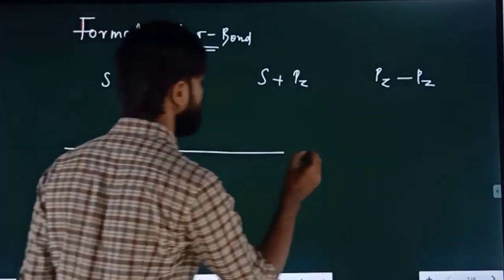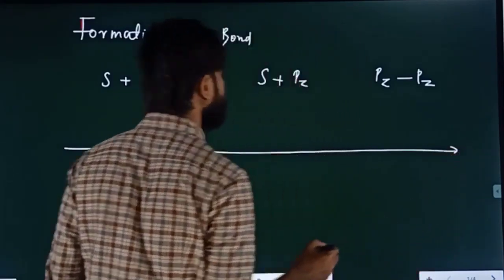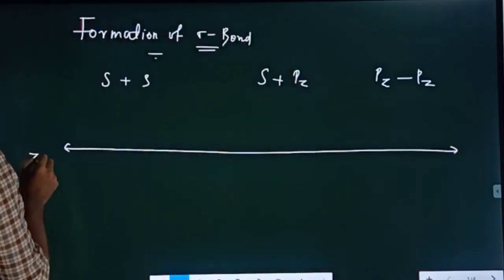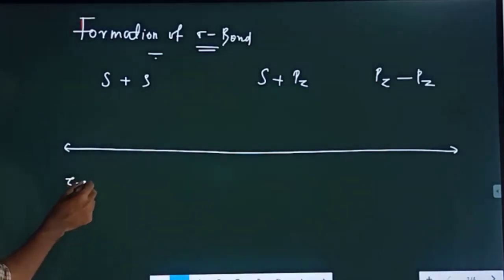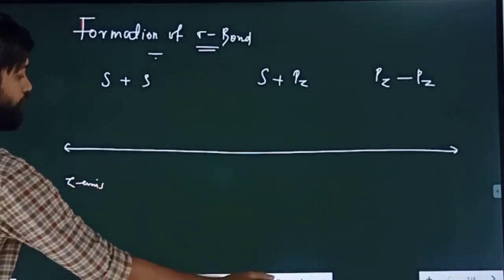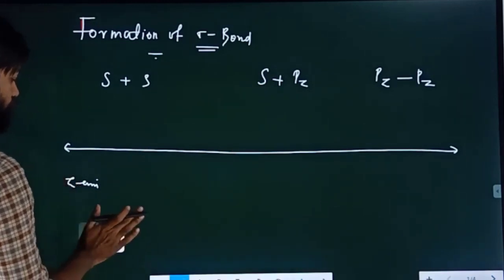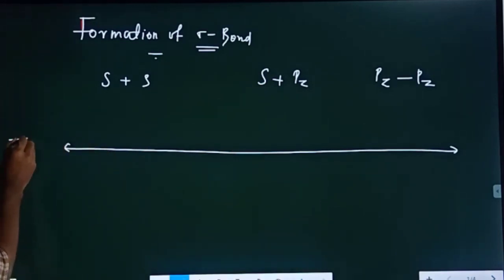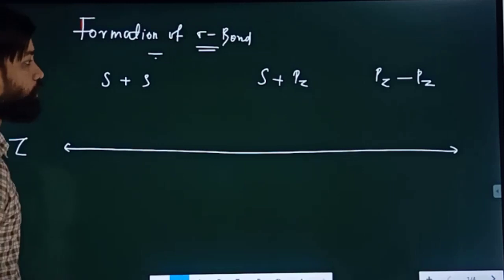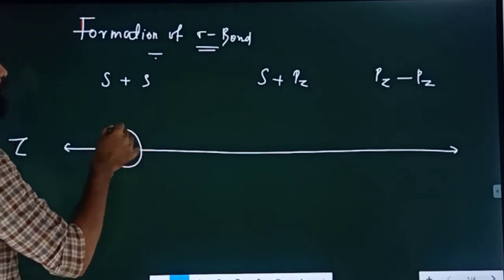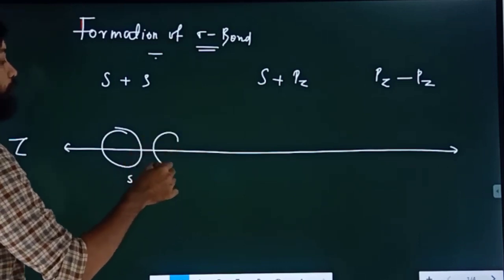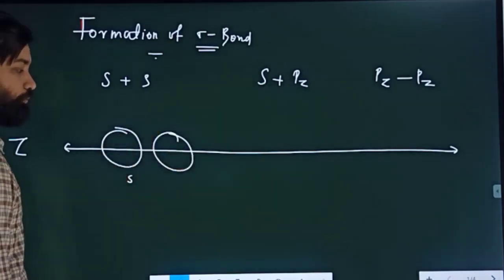Okay, listen. If I am considering the internuclear axis as the Z axis, let Z axis be the internuclear axis. Then how will the overlapping between two s orbitals be?